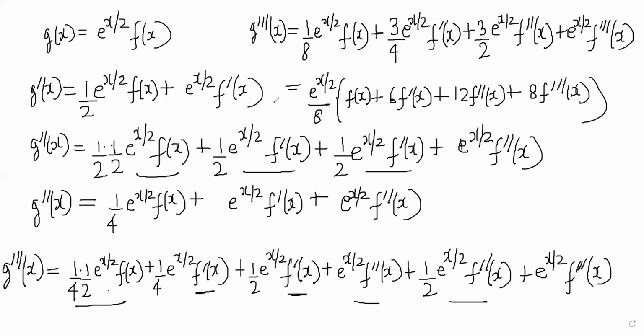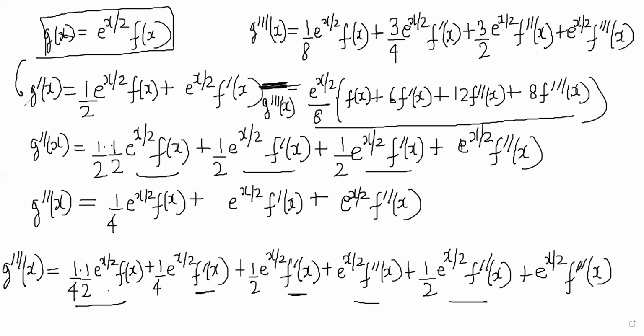So g triple dash x becomes this thing. And we had earlier said that g triple dash x has at least 2 real roots, because g(x) has at least 5 roots, then 4, 3, 2.